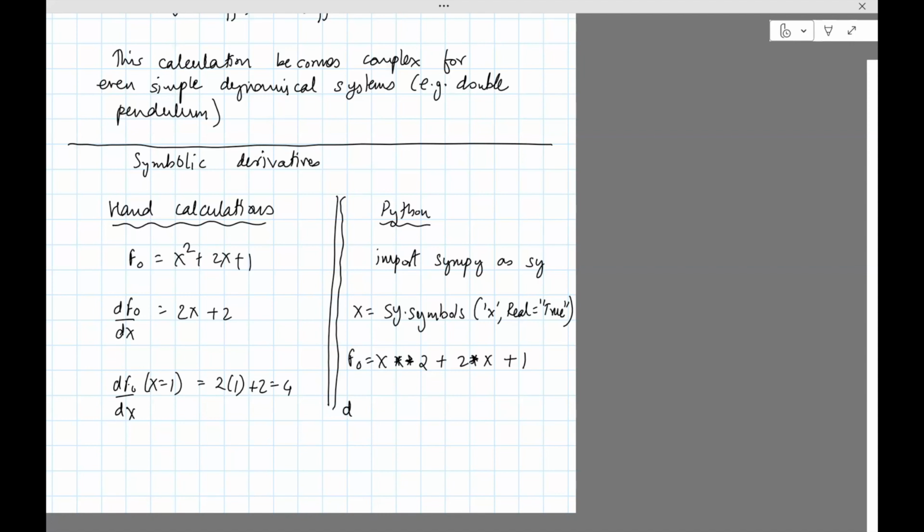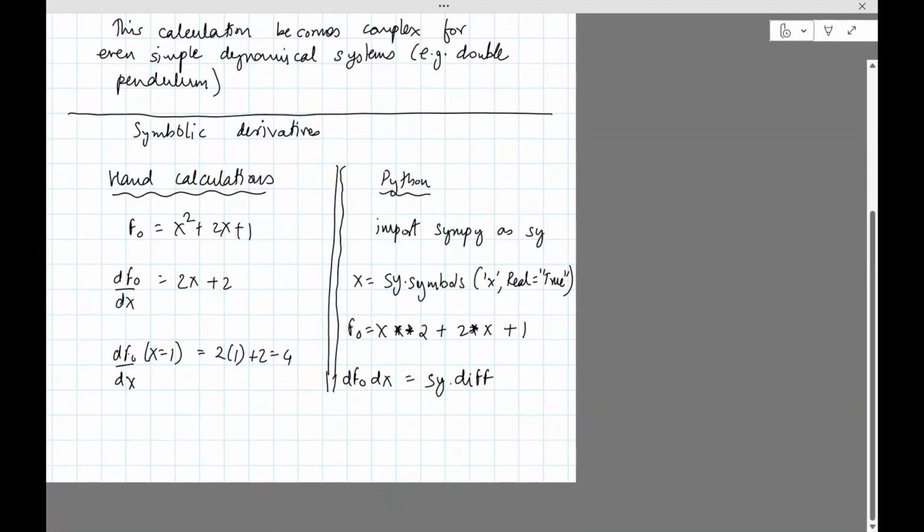And then to get df0/dx, which we got by hand calculations, all you say is sy.diff. So diff is a function in the symbolic package. You give it the function f0, and then you give it x, and then it will compute the derivative.